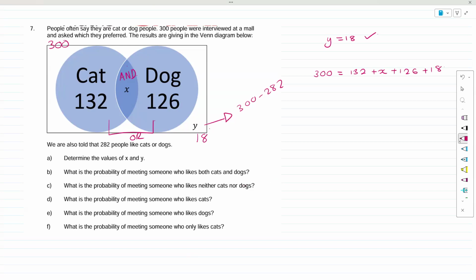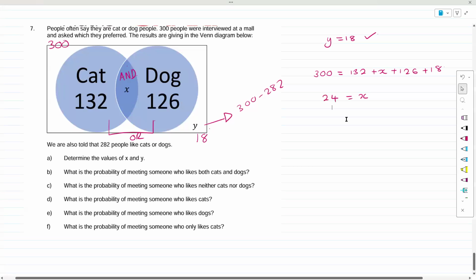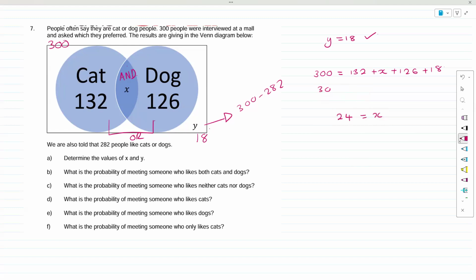So 300 minus 132 minus 126 minus 18 is 24. Guys, this is basic algebra. Please understand that this x is 24. If you want to know how I did it, I just took 300 minus 132, took everything over. Or you could simplify and add all of this, and it should equal that value. So now I know this is 24.